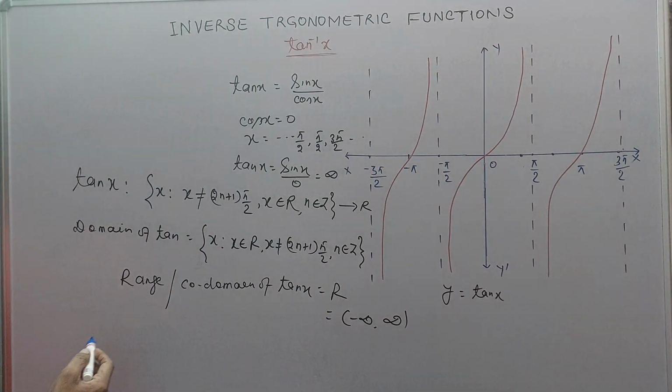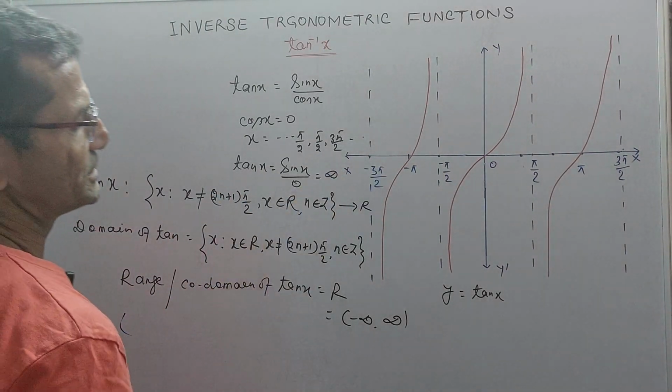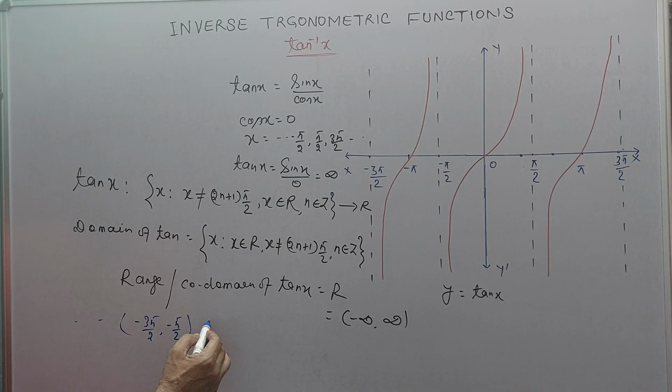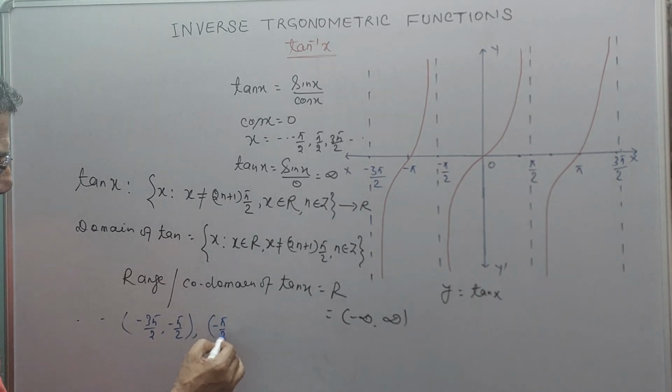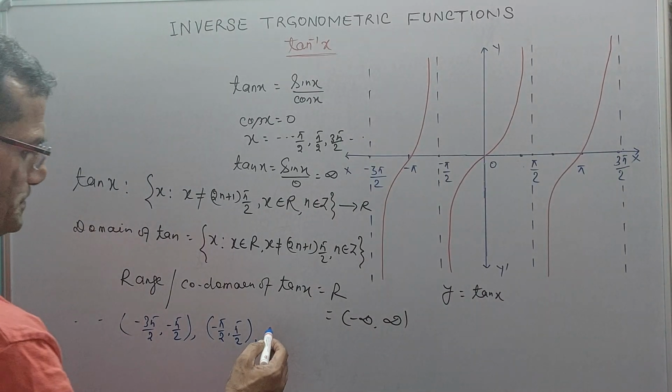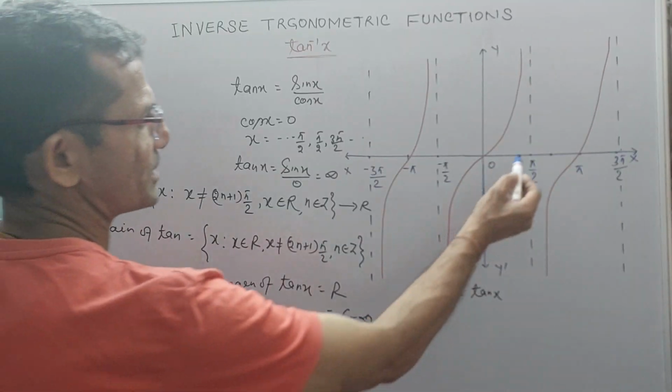So now if I restrict the domains to intervals like minus 3 pi by 2 to minus pi by 2, which are open intervals at the extreme real numbers, and next one is minus pi by 2 to pi by 2, and next one pi by 2 to 3 pi by 2.